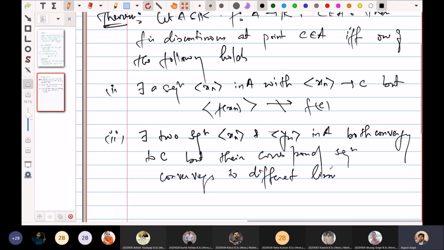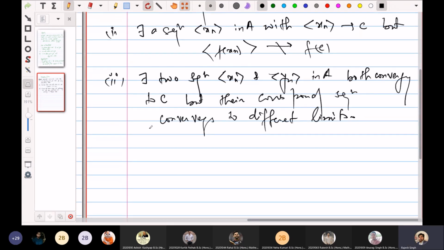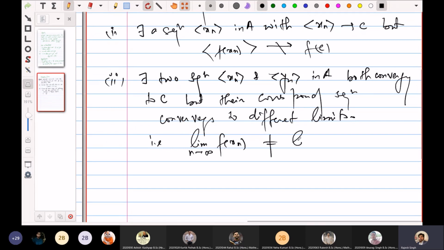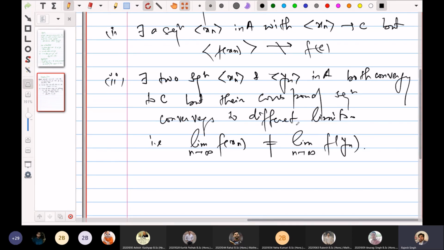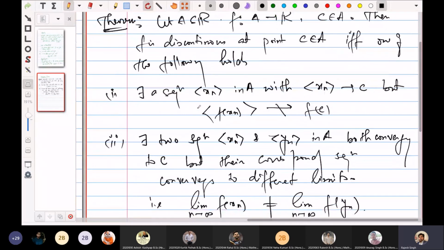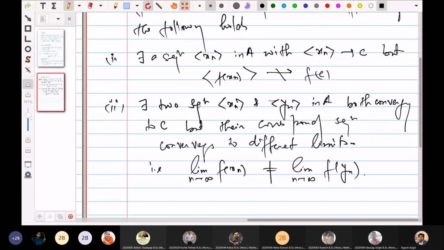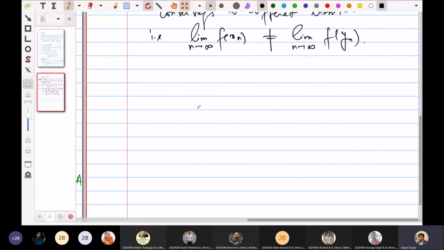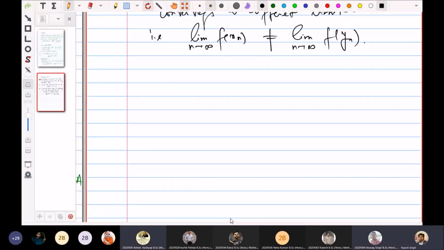That is, limit n tends to infinity f(xn) is not equal to limit n tends to infinity f(yn). So in this case also the function is discontinuous at point c. Is it fine? Yes, sir. So we can use either of these criteria to prove our theorem.